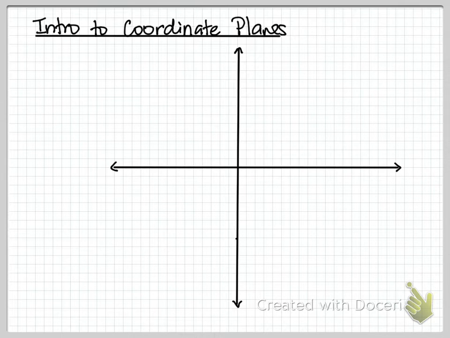So our x-axis is this line going across. And we can highlight that. And our y-axis is the line that goes up and down. And we can highlight that. So that is a very basic coordinate plane.